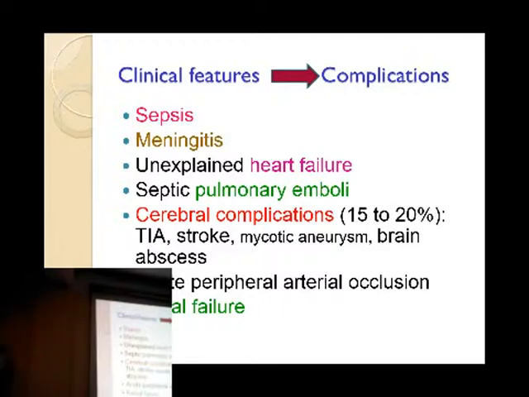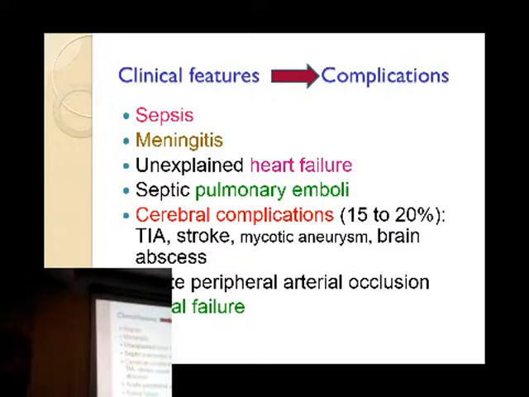Heart failure can occur due to valvular leakage or damage to myocardium. Septic pulmonary emboli occur due to right-sided infective endocarditis. When the right-sided valves are involved, this septic material enters the pulmonary circulation, and it can even give rise to multiple lung abscesses.